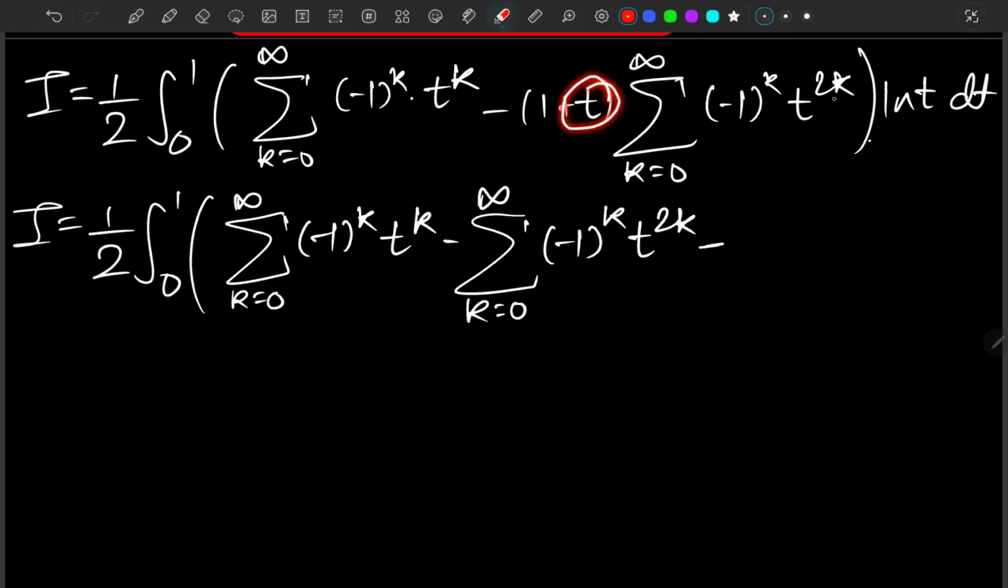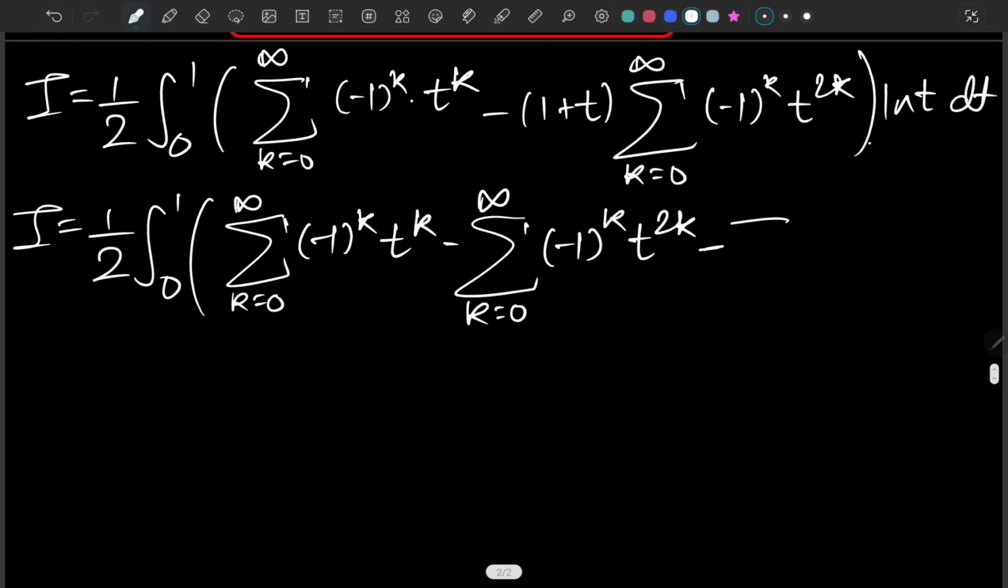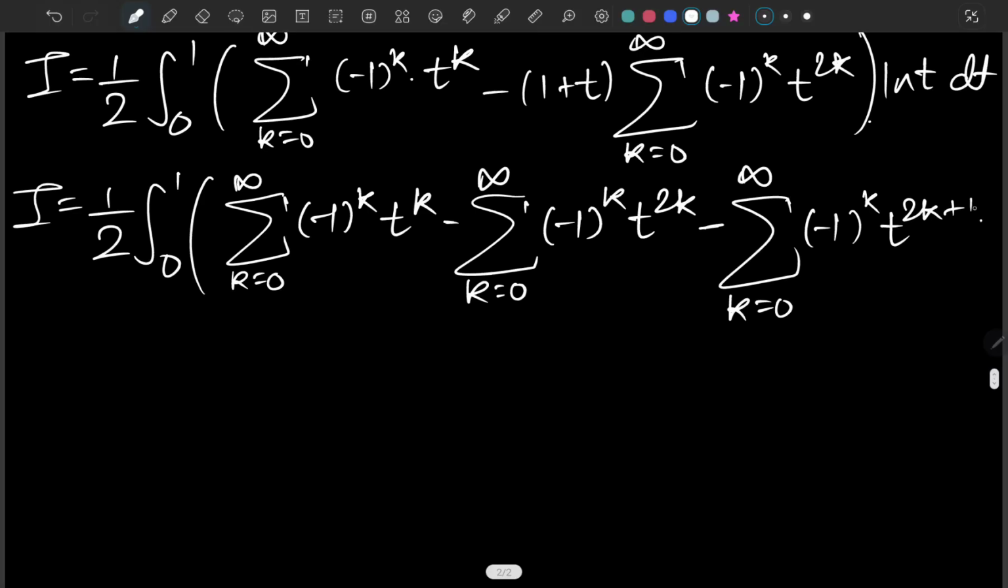So this t would be getting multiplied with this one, in order to get t to the k plus 1, right? So basically we are having the sum as k goes from 0 to infinity of negative 1 to the k t to the k plus 1, and this whole times ln of t dt, right?